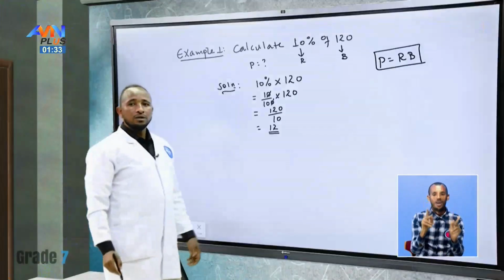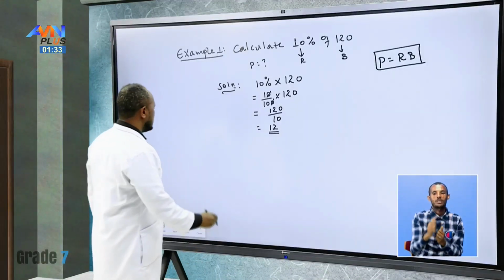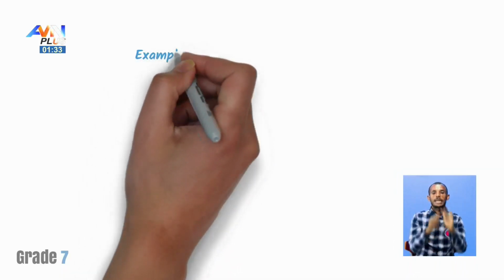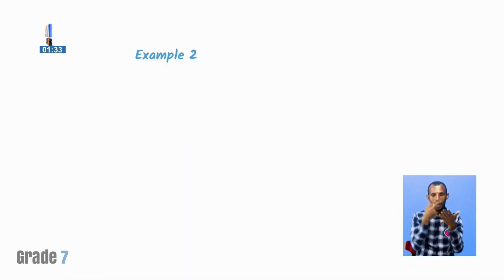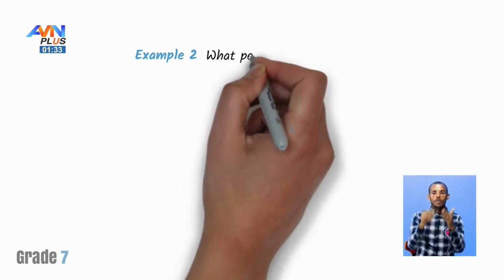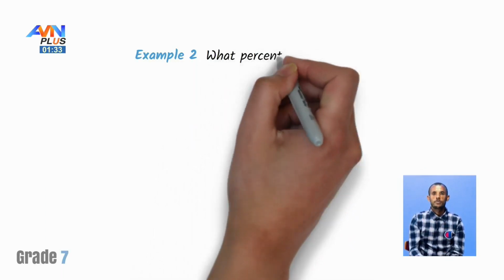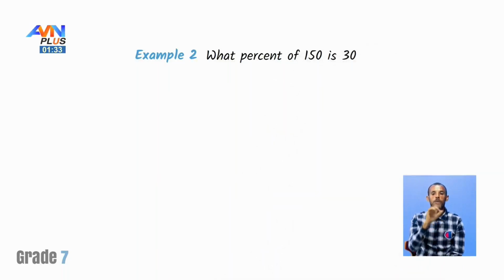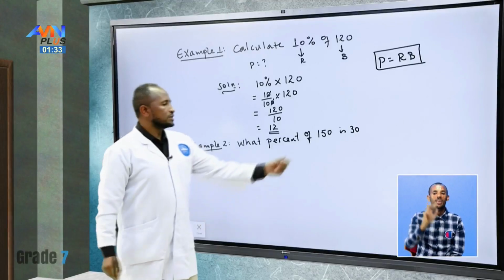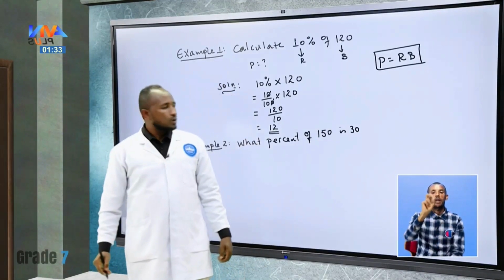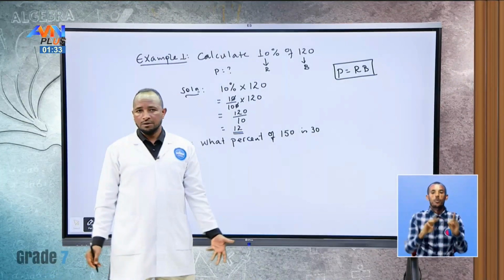Okay, now let's proceed. Let's see the second example. What percent of 150 is 30? What percent of this number gives you 30? So how do you calculate this?